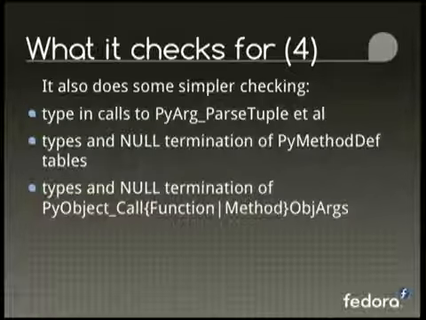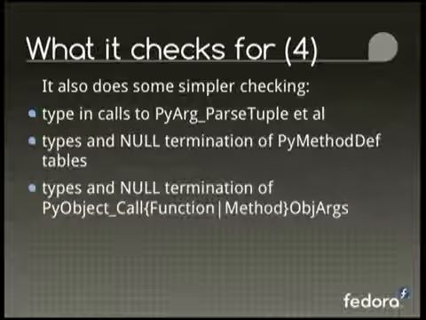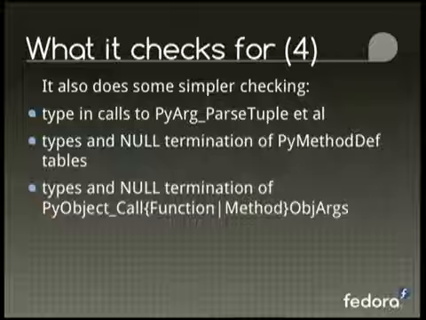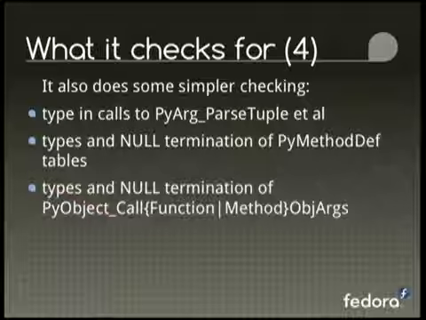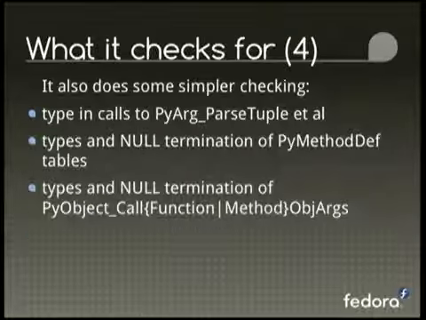And those control codes are a little mini language that has to exactly match the C-level types that follow. And a plain old C compiler has no way of checking that you got that right. And unfortunately, if you get it wrong, you can crash the interpreter, have data corruption and memory leaks, or no problem at all, and you can have problems lurking. So cpychecker understands those little mini languages and warns you about them. And there are a few other similar checks that it adds, which I give on the slide as well.